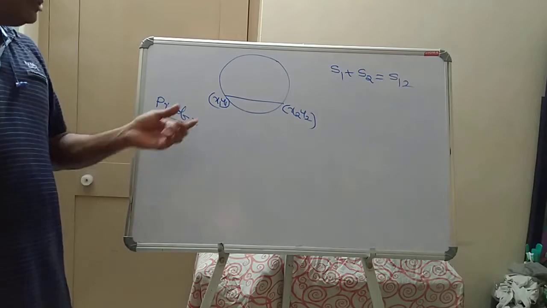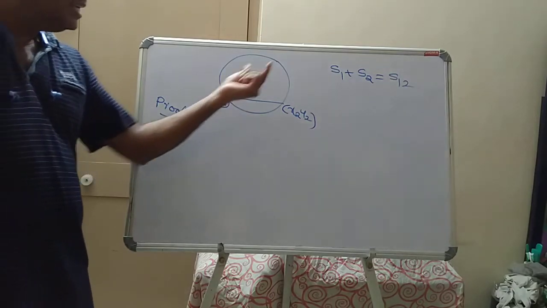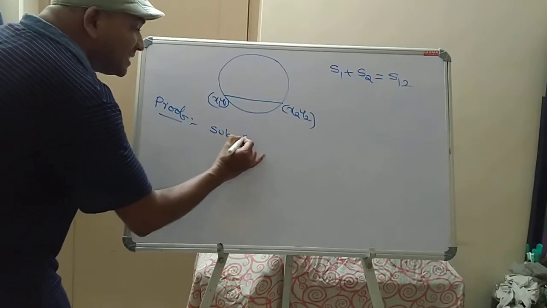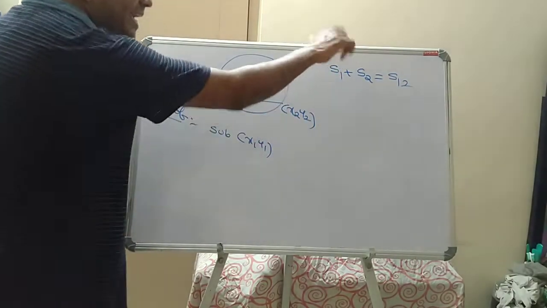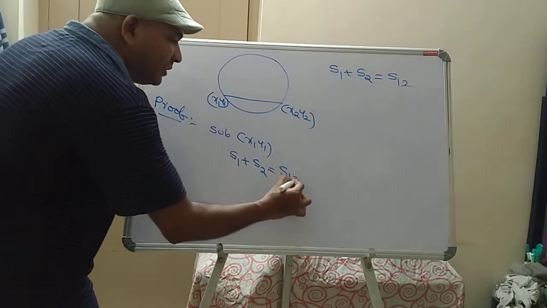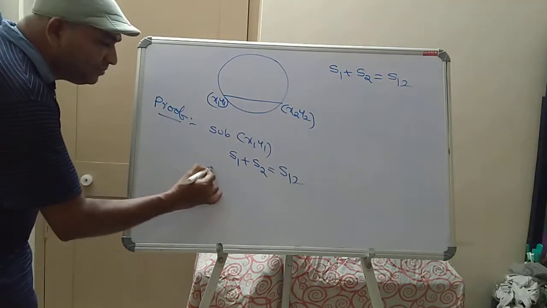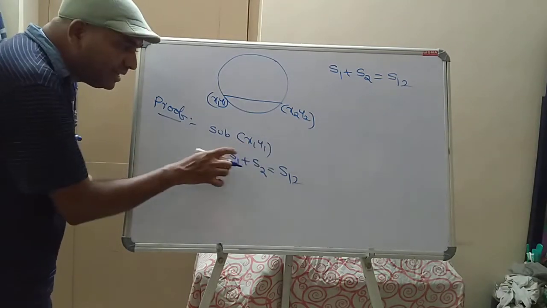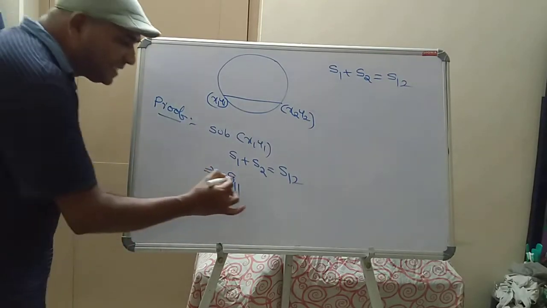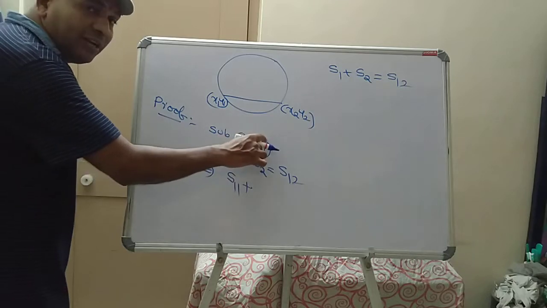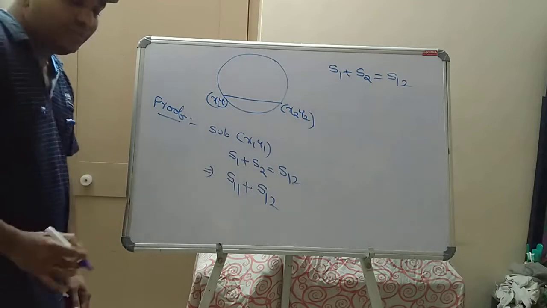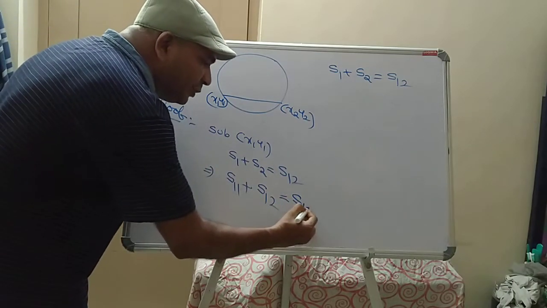First of all, substitute (x1, y1) in the equation S1 + S2 = S12. That means substitute (x1, y1) in S1, we get S11, plus substitute (x1, y1) in S2, we get S12, equal to S12.